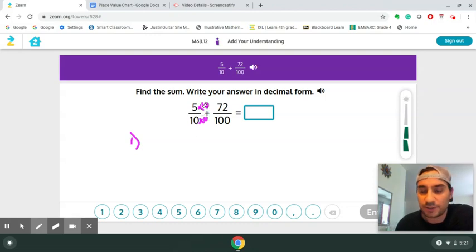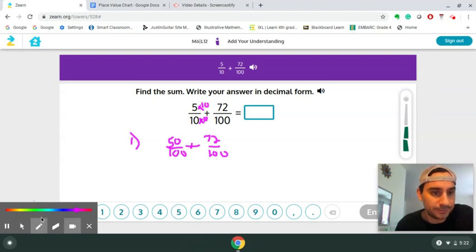All right, that'll get me hundredths. So instead of 5/10ths, now how many hundredths do I have? You should be writing this in your notebook or on some scrap paper. Make sure you're following along. That gives me 50 hundredths. And I can bring 72 hundredths right down. All right, that is step 1.